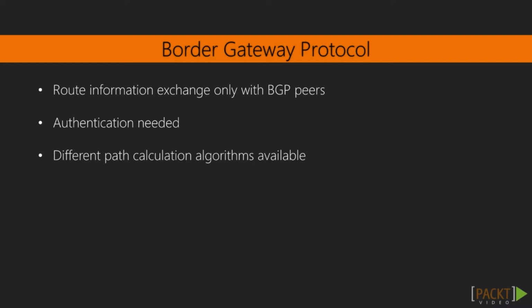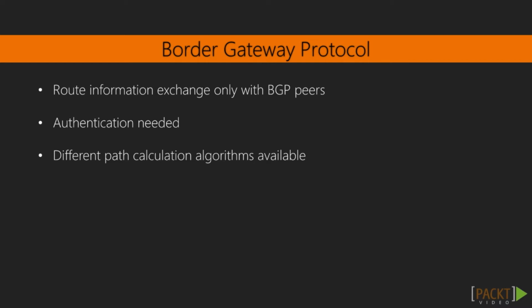The route information exchange works only with BGP peers. So you need to know which peer you can use and which router you can peer to. Otherwise, you can't establish any routing. So BGP is a dynamic routing protocol, but it needs lots of configuration up front.